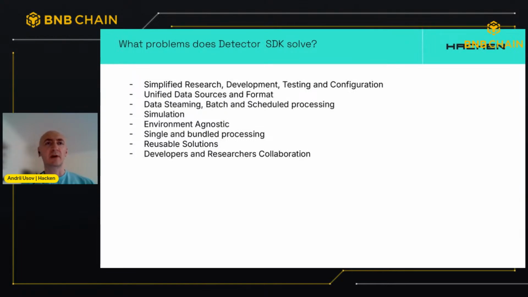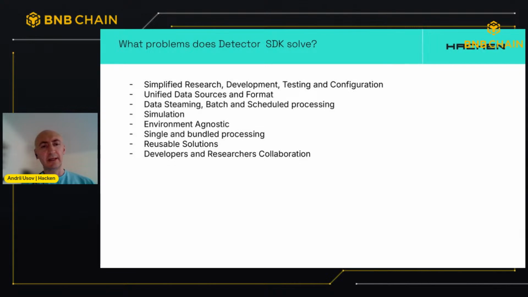Or we need to track and enrich our suspicious address, account, and contract collections with all possible ways we can be attacked. It means we can run multiple different detectors which can cooperate with each other by enriching databases, by collecting information which we can reuse in another detector. So that's the point.